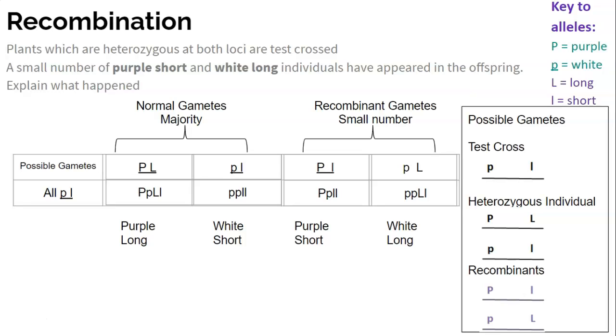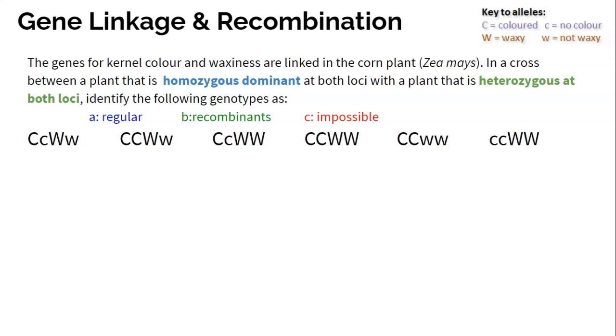So this is really, really important, and we're going to talk way more about this in class, and you're going to do some examples with this, but I want you to understand how recombinants can come to be. And so this will be our last slide, and I just want you to understand how you can figure out what are recombinants and what aren't.